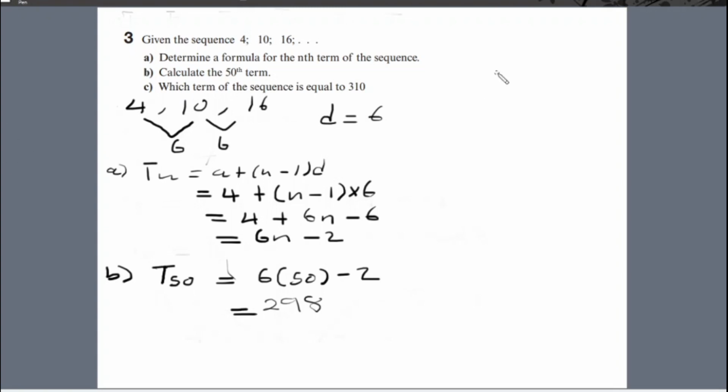Okay, and then question C. Question C, but which term of the sequence is equal to 310? So sifuna ukwazi ukuthi u310 position number bani in this sequence, right?